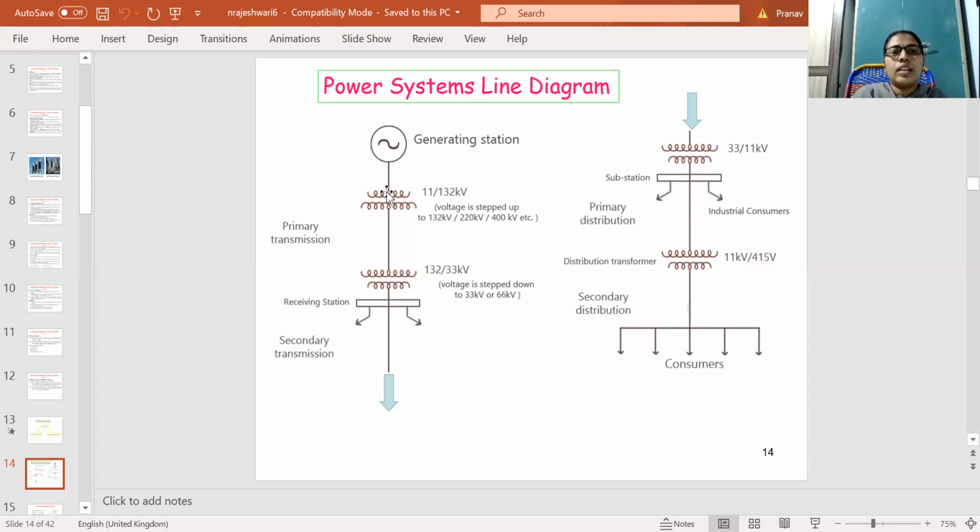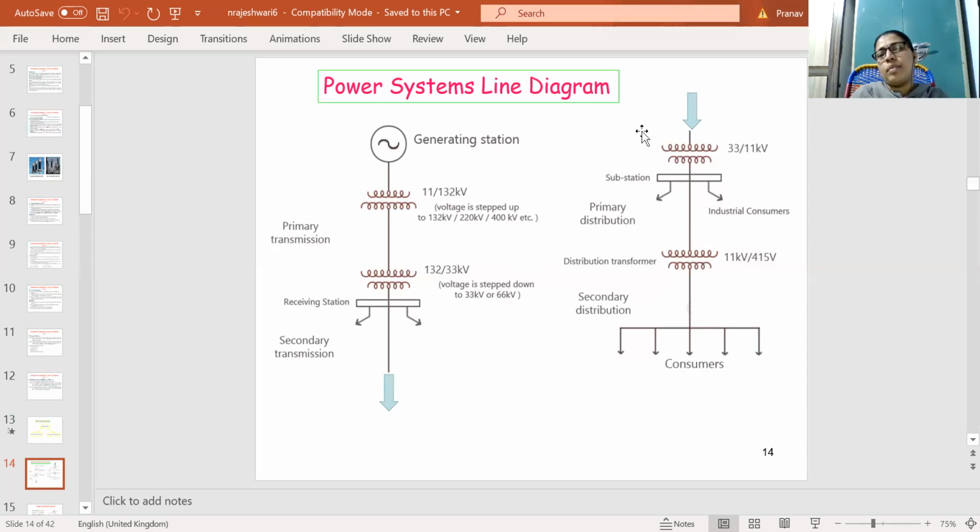From generating to the primary transmission, one step up transformer is required, and from primary transmission to secondary transmission, a step down transformer is required. After secondary transmission, primary distribution will start here.